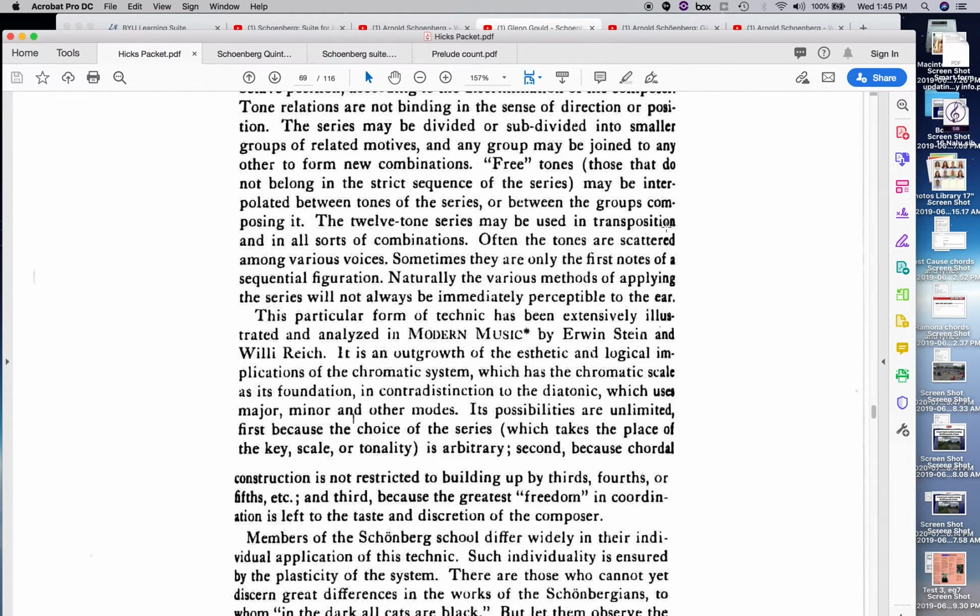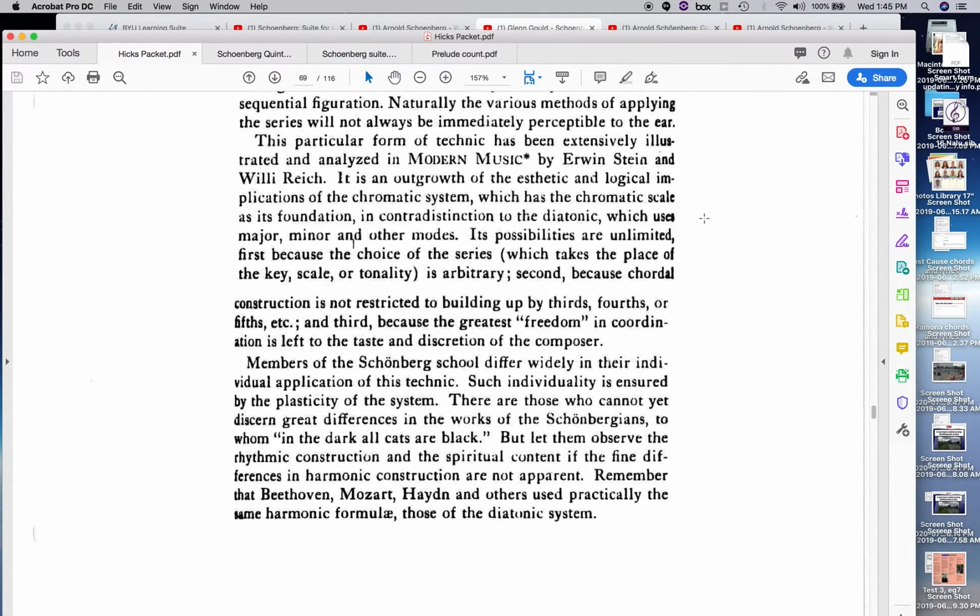Now, I will say Schoenberg and Berg used free tones, split up the series into little units that they would repeat. Webern did not do this. Webern was very enamored with the strictness, or at least the possibility of using this method in a strict way, and so he tended to not use any of these free aspects of the method.